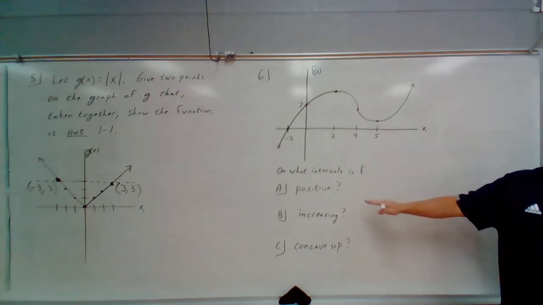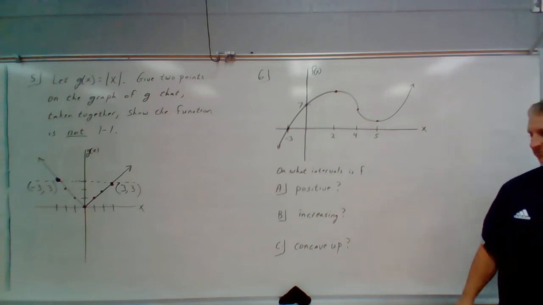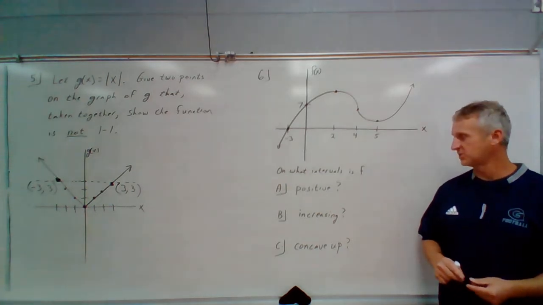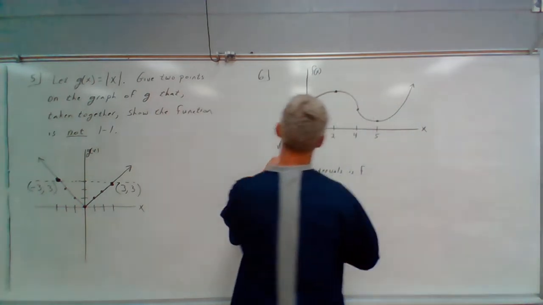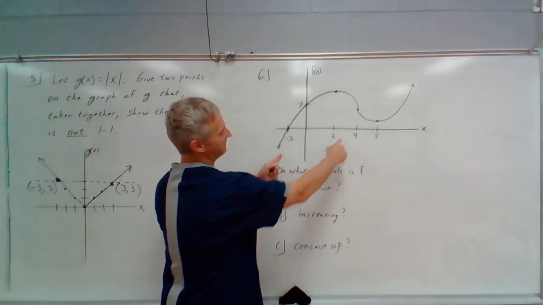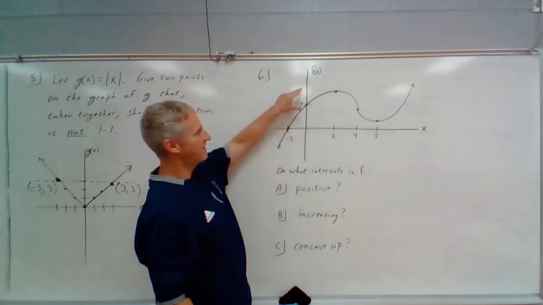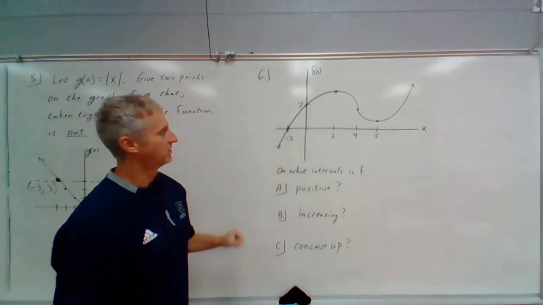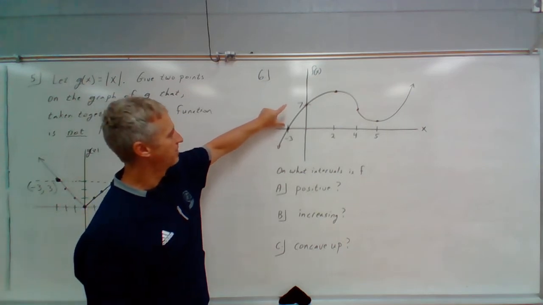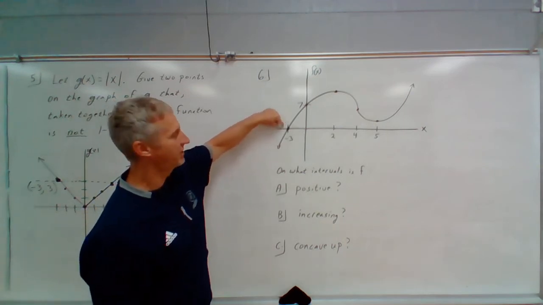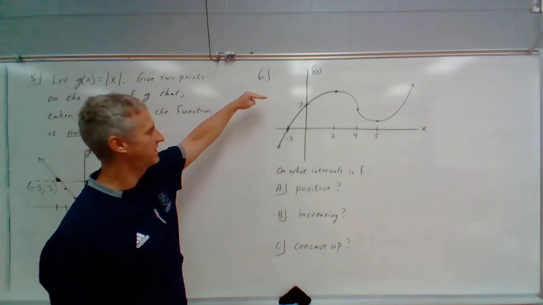All right, so where is this function positive? Or where does the function spit out a positive y value? So if I plug in, say, numbers right in here, the function spits out positive numbers. So I'm looking for x values that will cause this graph to be above the x-axis.